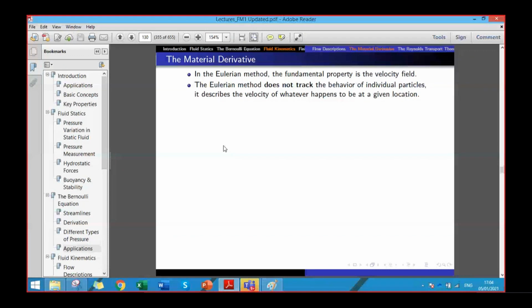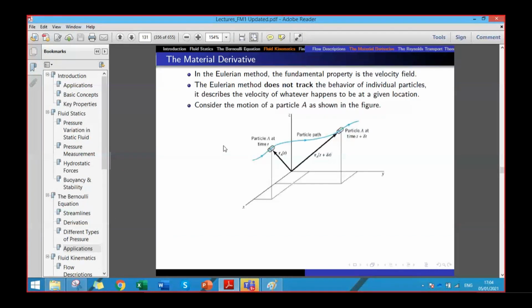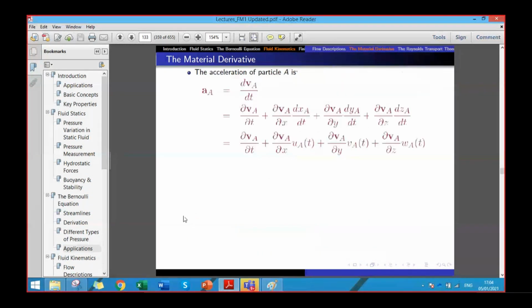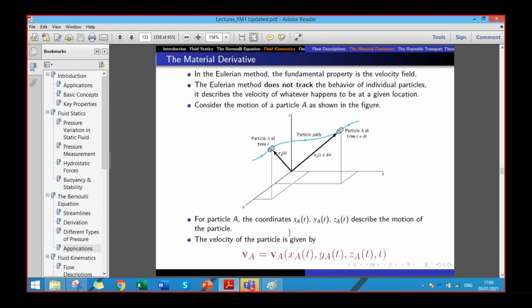So if we consider again that same particle A and we consider its motion, we see that its velocity is a function of time as well as space. So the velocity field can be defined using this velocity vector, VA, which is a function of location, and location is again a function of time. Clear?